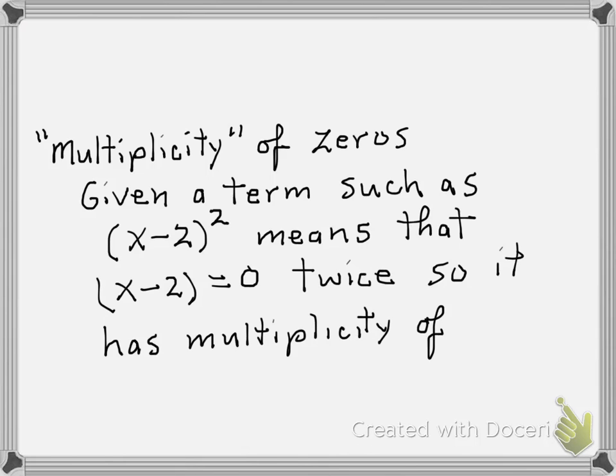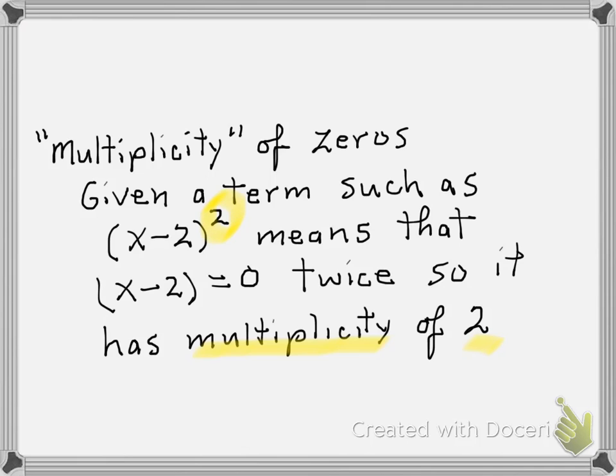So if we're given a term such as x minus 2 squared, what that means is that we have x minus 2 times x minus 2, so that 0 occurs twice. All right, so it has a multiplicity. When we talk about the multiplicity, it has a multiplicity of 2.